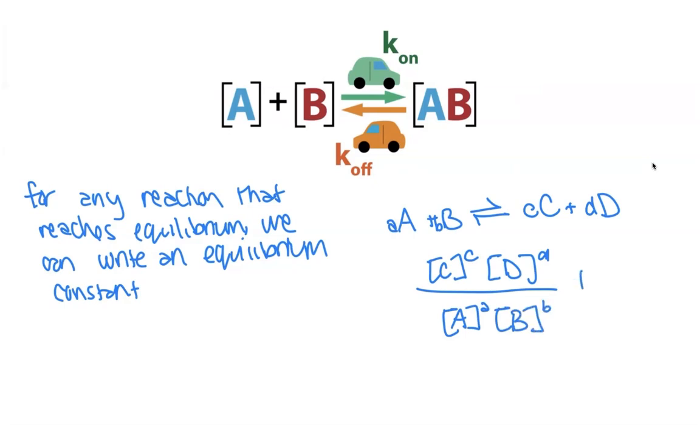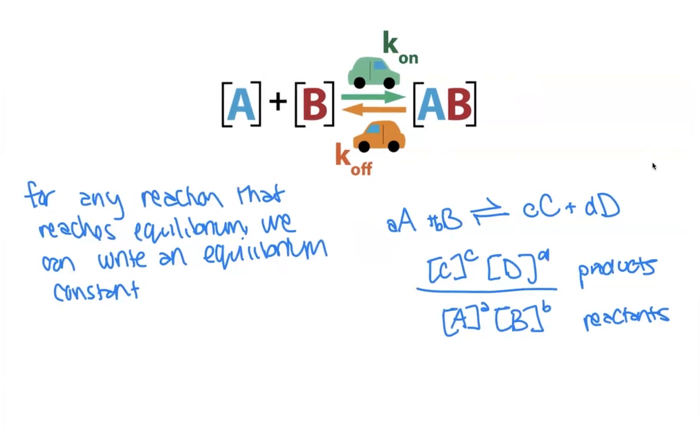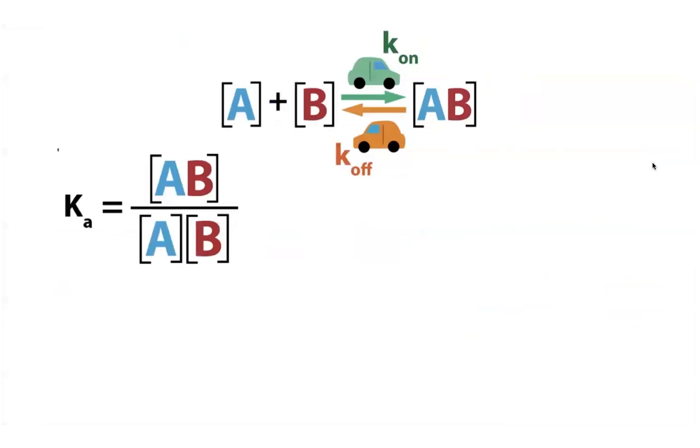So basically we had our products over our reactants. And we could do this for any equation that reaches equilibrium. Now let's think about it in terms of binding. So now what we have is A plus B goes to AB.